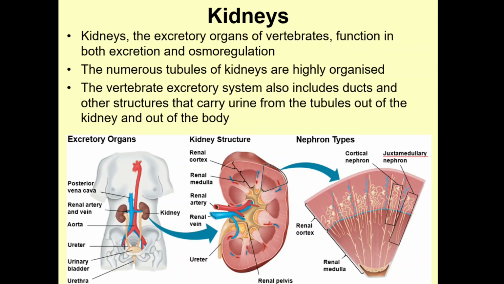We can see that on the left part of this diagram. We've got a pair of kidneys, and the kidneys have a renal artery that delivers blood to them, and blood is removed via the renal vein. The urine is produced within the kidneys. Here we can see the close-up of the kidney.